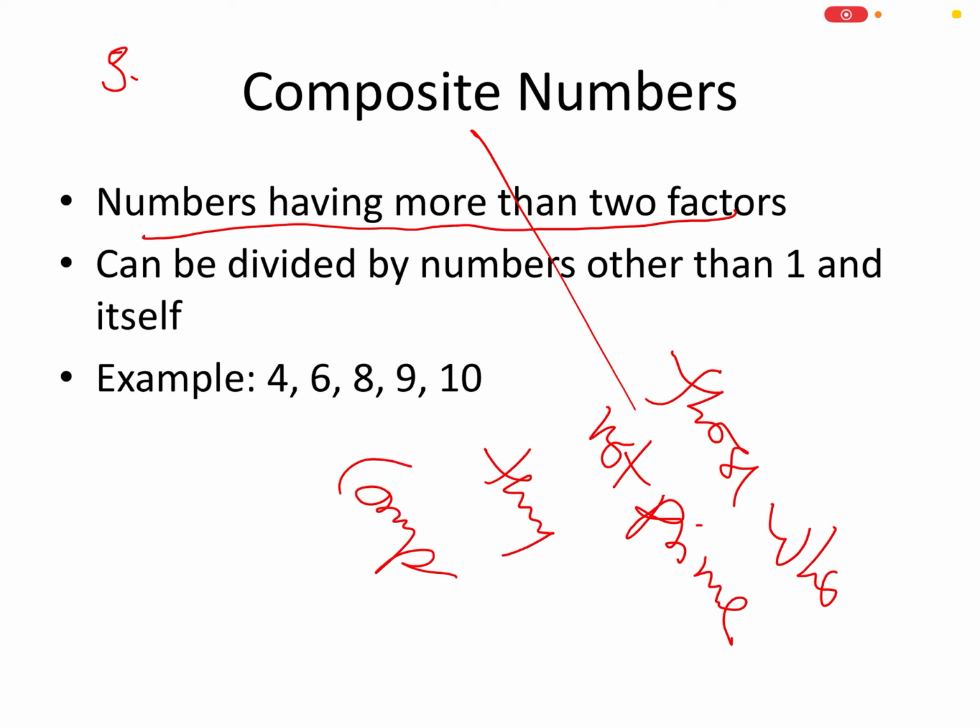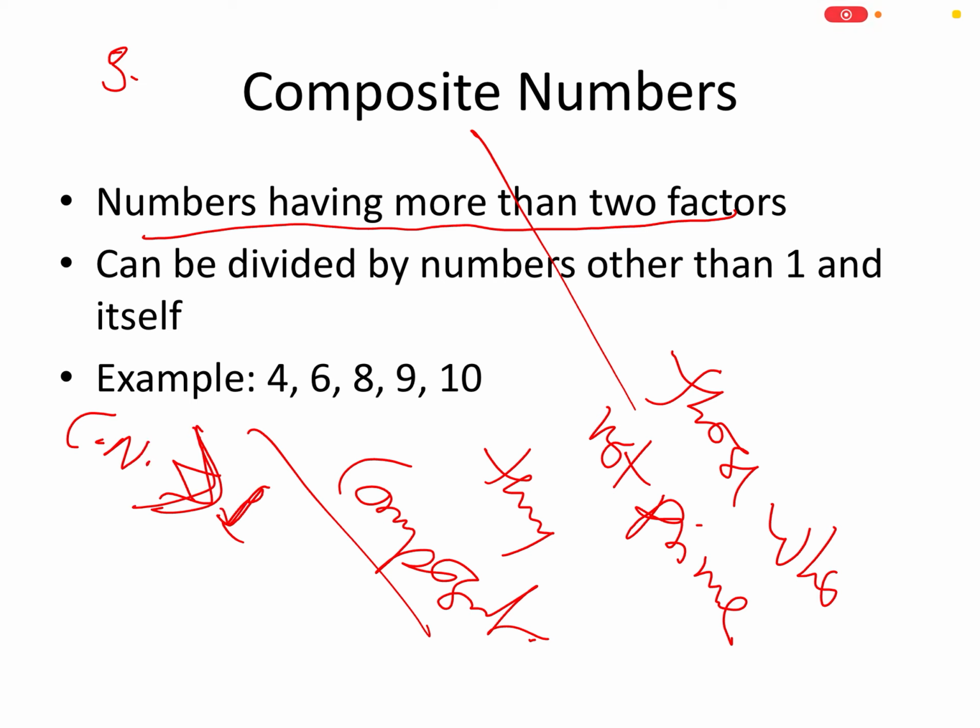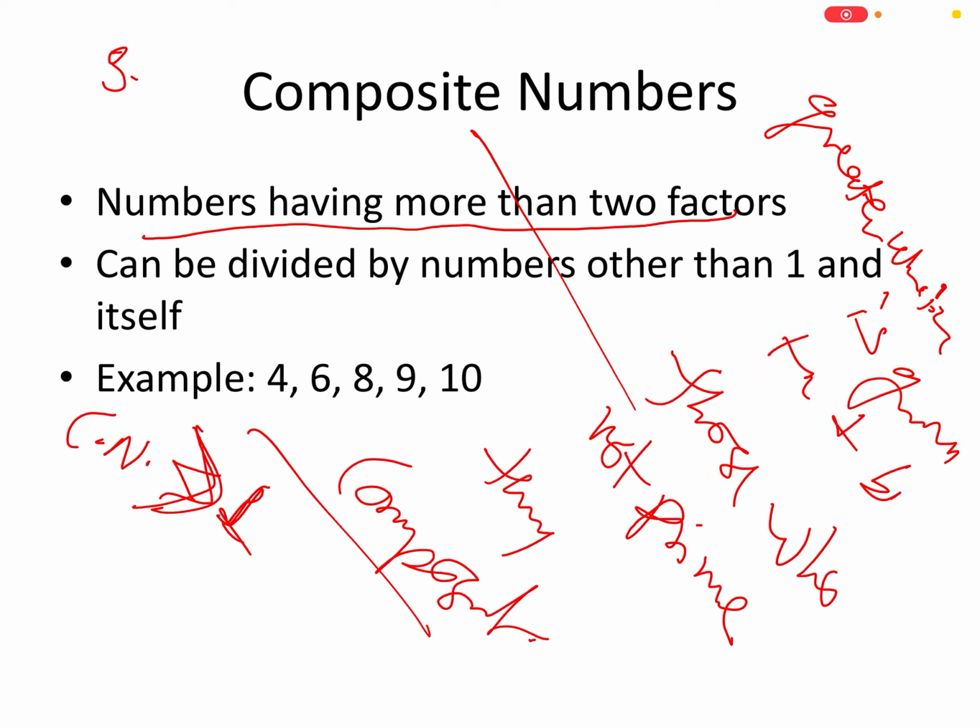And composite numbers are always greater than 1. So our definition can be: a number which is greater than 1 but not prime. This is the definition of a composite number.